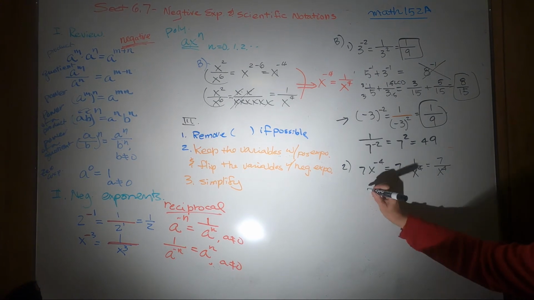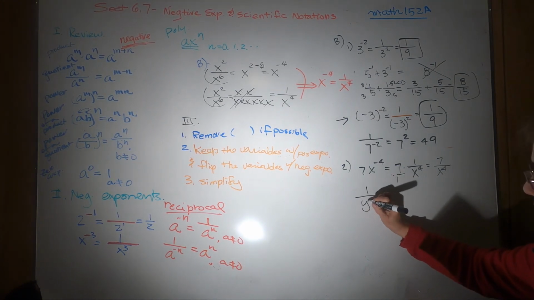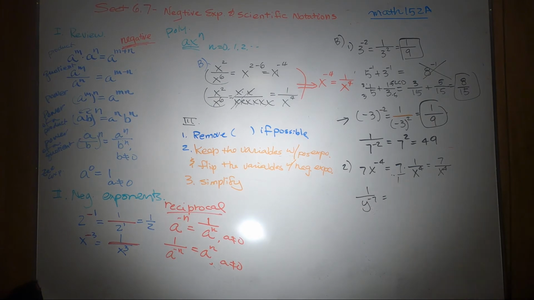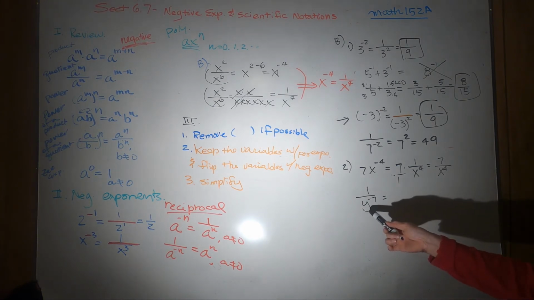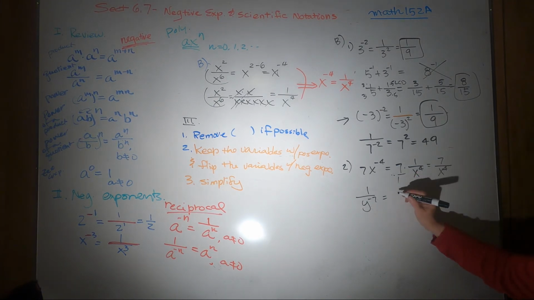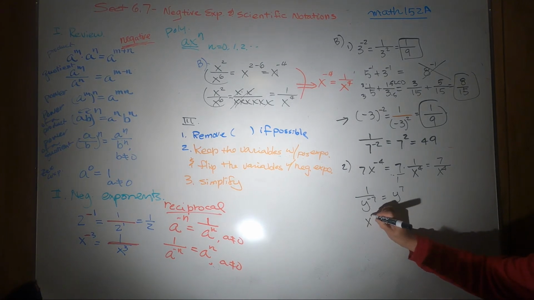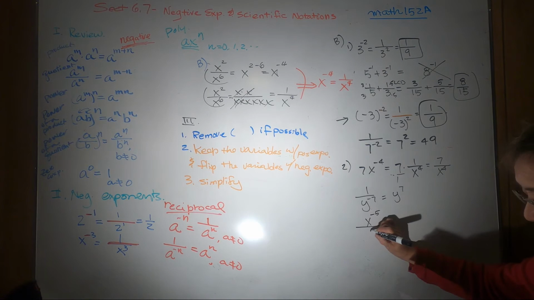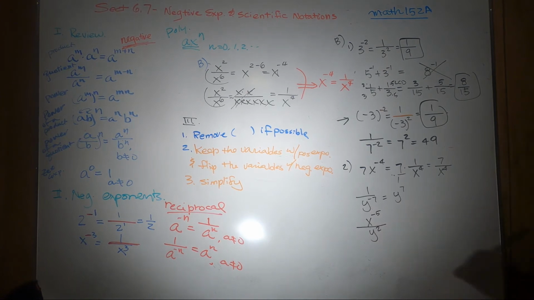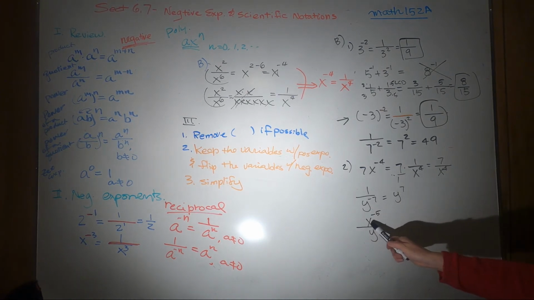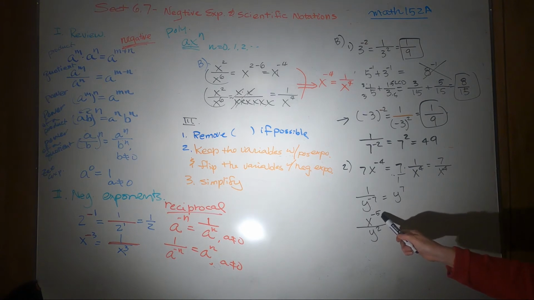Right? If we have 1 over y to the -7, it means what? It's on the bottom. You flip it to the top, so that will be what? y to the 7th power. Okay? That's how we simplify. So we want to write everything in simplest form, each individual variable with its own power.